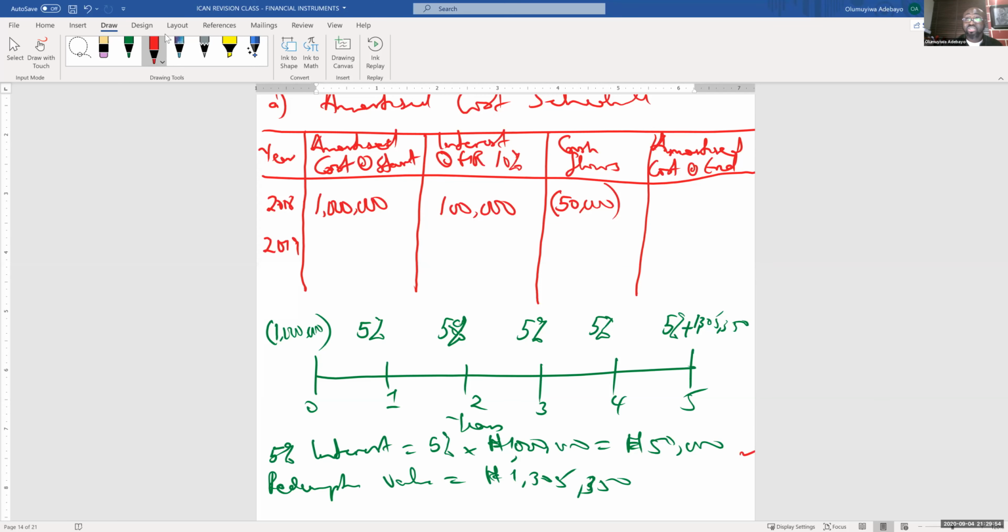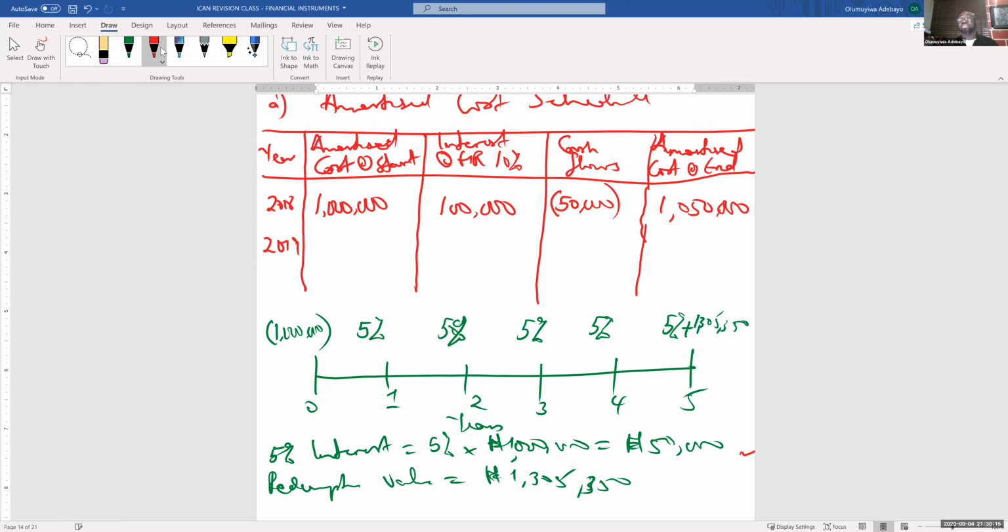What is my amortized cost at the end of year 1? It is 1 million plus 100,000 minus 50,000, which means it is 1,050,000.